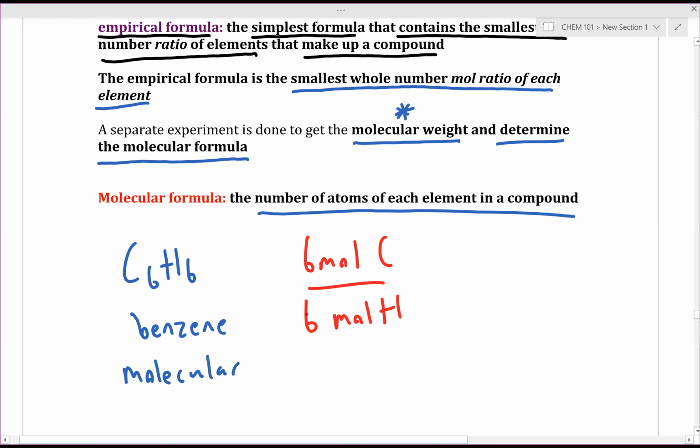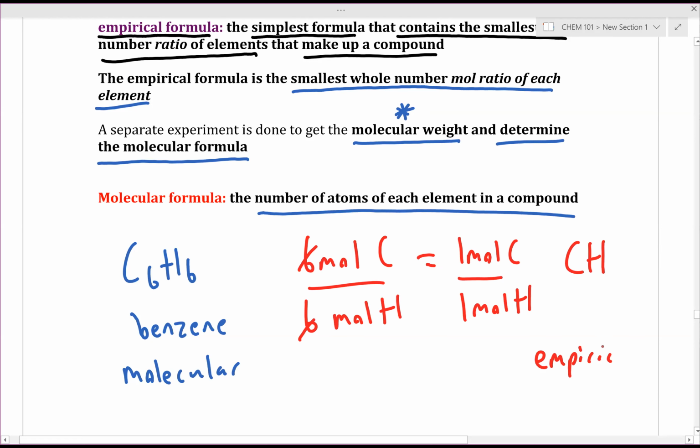Now, 6 to 6 can be simplified, and in turn, we have 1 mole of carbon per 1 mole of hydrogen. In other words, CH would be considered our empirical formula, the simplest ratio of moles, or the simplest ratio of atoms of each element in our compound. Does that make sense? Okay.